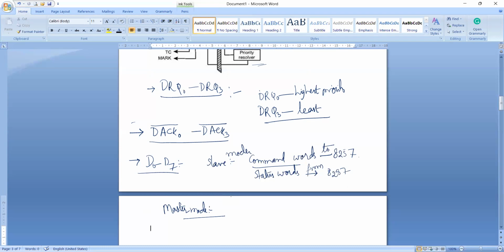This address is further latched using the address strobe signal.